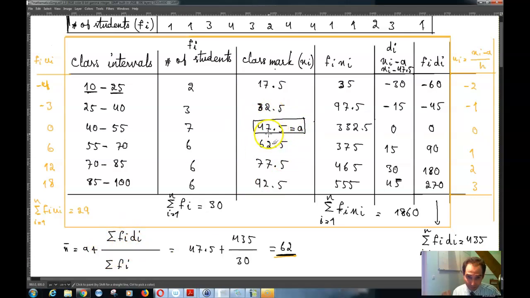The step deviation method is based on the assumed mean method, really. And both of these methods were actually based on the direct method, which was nothing but f of i times x of i divided by the number of observations, and so on and so forth.